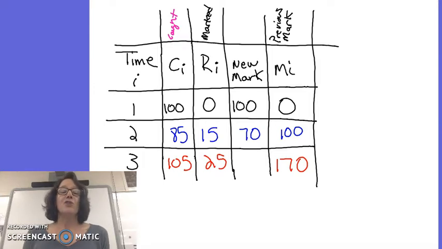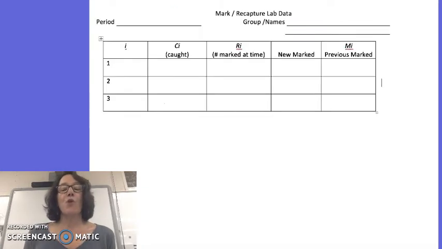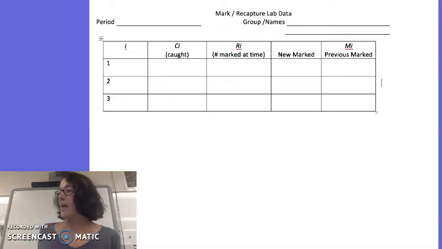Holy cow. 25 of those were marked. I'm not going to mark any new ones since this is my third and final sweep, and the previous mark would be 170, which is the new mark plus the previous marks from round 2 added together. This is what the data table will look like for your group as you collect data in the lab.